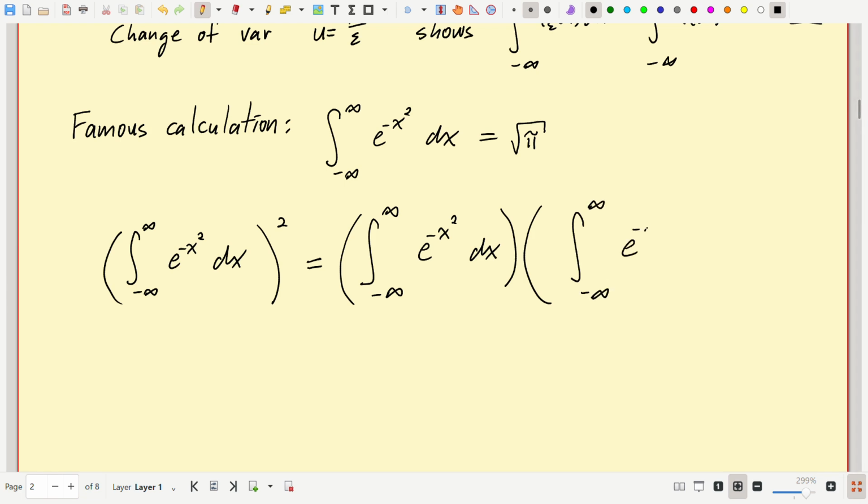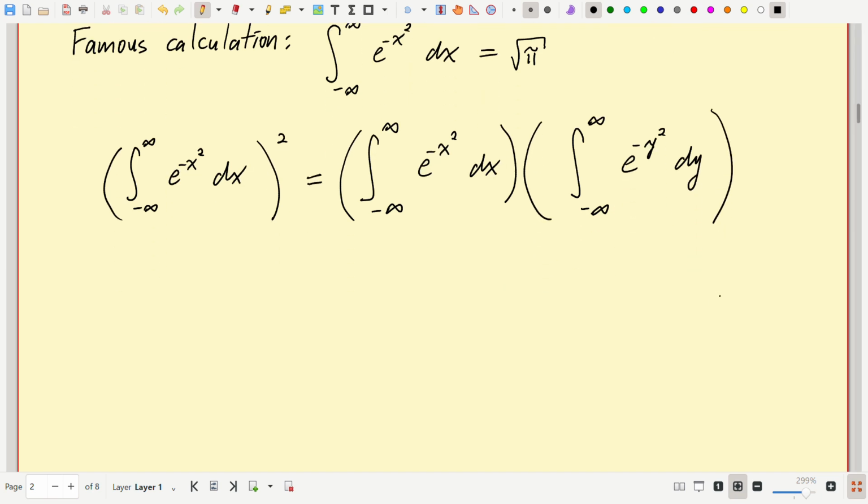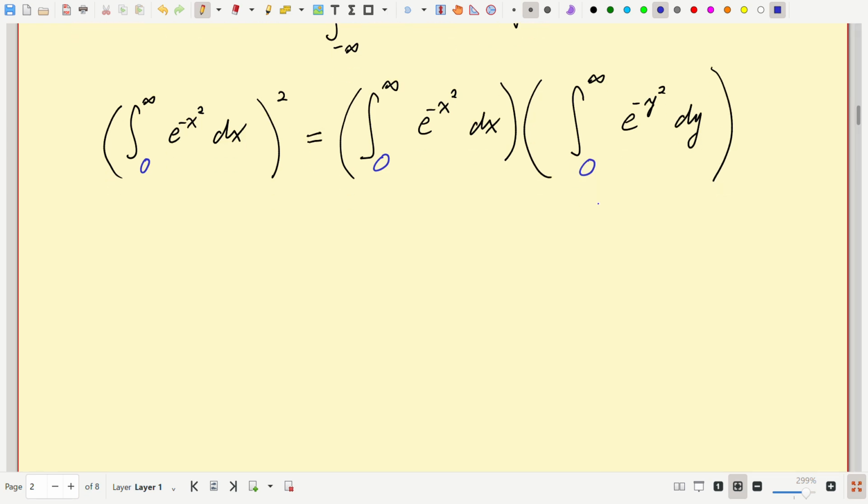So that'd be e to the minus y squared dy. Then I realized, aha, this is what you would get if you did a double integral. Instead of going from minus infinity to infinity, I want to go from 0 to infinity.